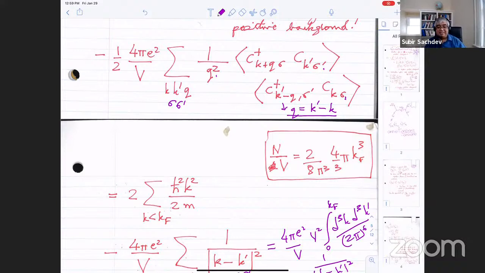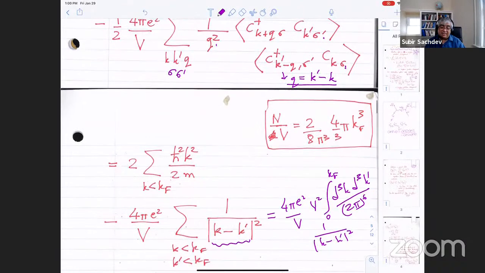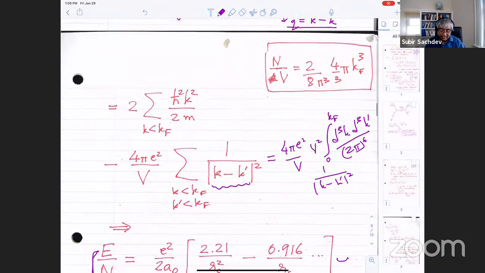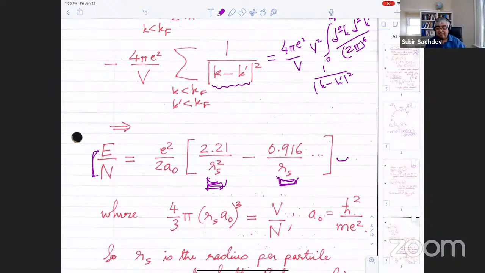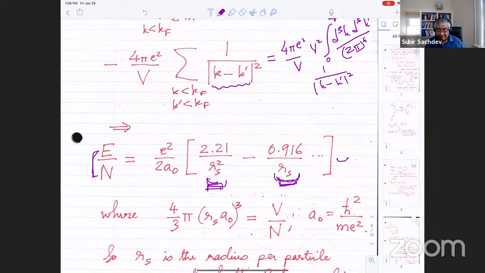So there is a quantum correlation from the Fermi statistics that's keeping the particles apart. And so on average, two spin-up particles are farther apart than they would be in a classical gas. And since the interaction between them is repulsive, you gain some energy. Okay, so spin-up particles gain energy.